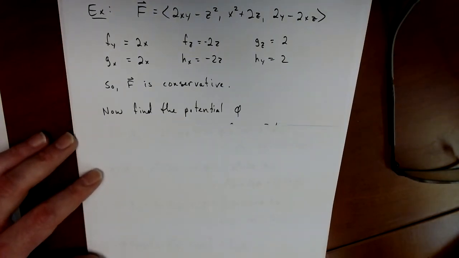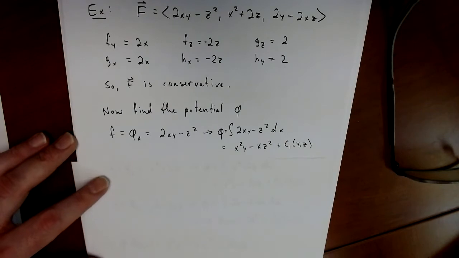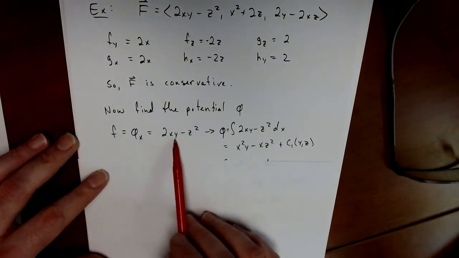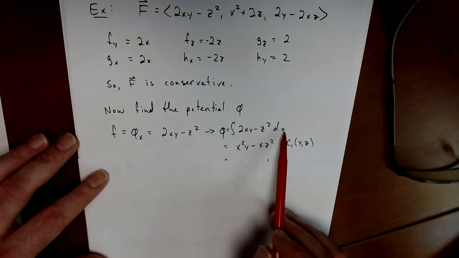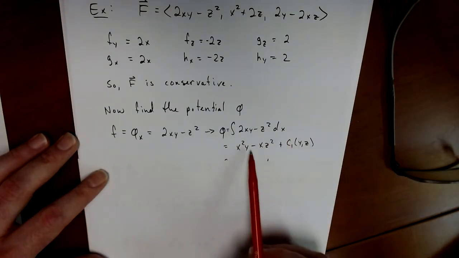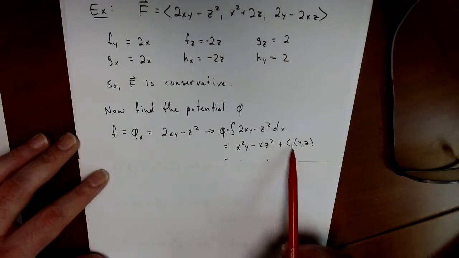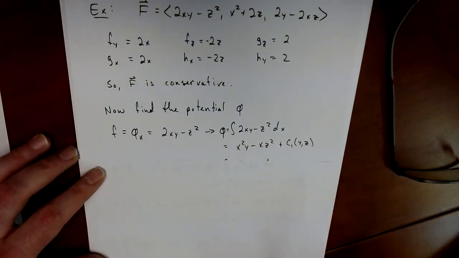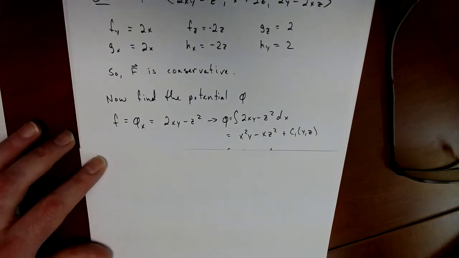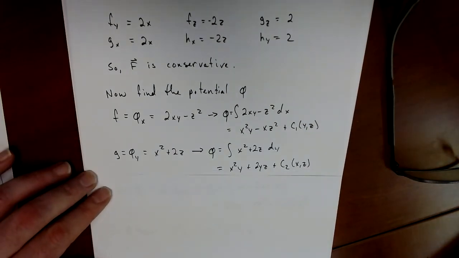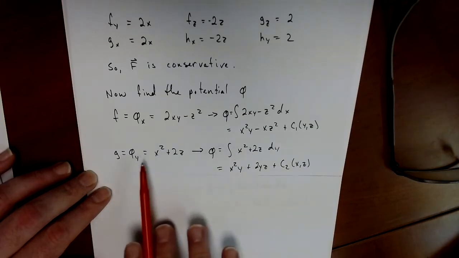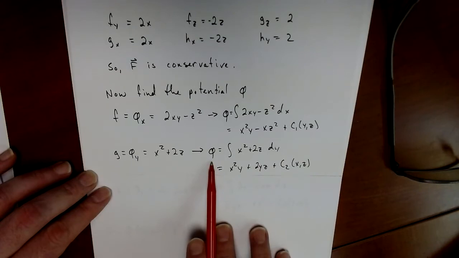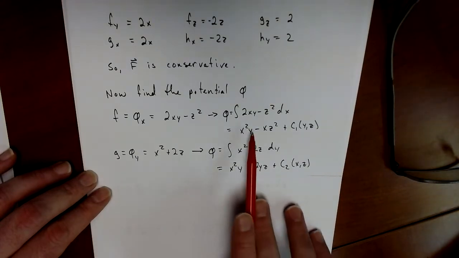To find a potential phi for this, we take the partial antiderivative of f, or phi x, or 2xy minus z squared with respect to x. We get x squared y minus xz squared, plus a function which depends only on the other two variables, y and z. We repeat this for g, take the antiderivative of g with respect to y to get another form of phi, and we get the x squared y, which matches.